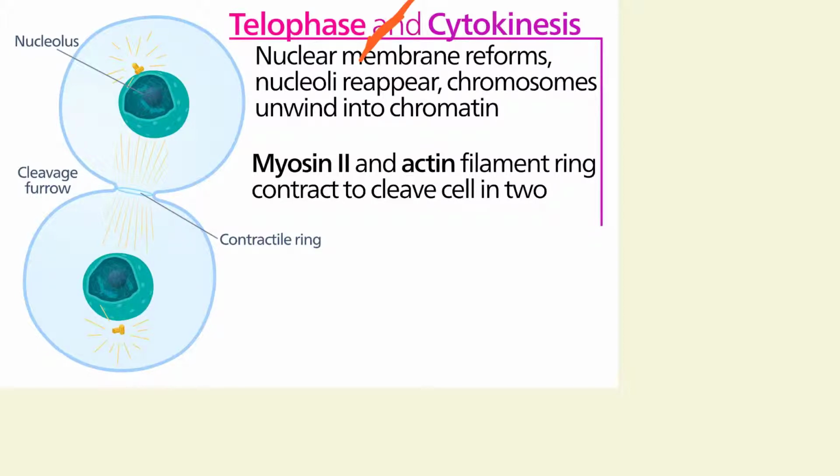Again, this prepares the genetic material for directing the metabolic activities of the new cells, so it unwinds itself, so to speak. The spindle also breaks down, and new nuclear membranes, the nuclear envelope, starts to form. So this is where you really start to get those two separate cells. And again, remember that these two cells are identical to each other, the two daughter cells.